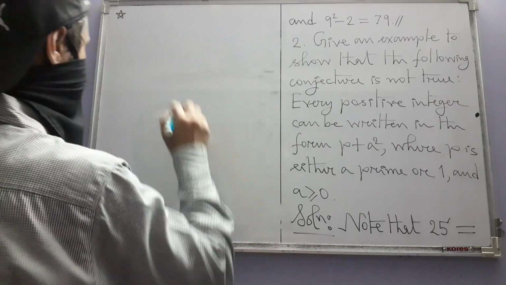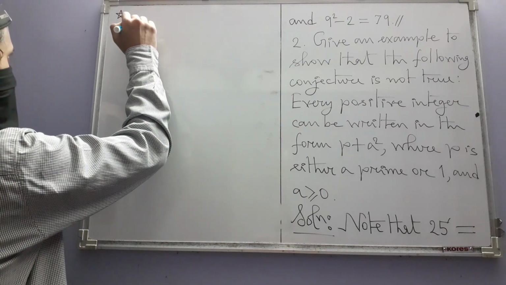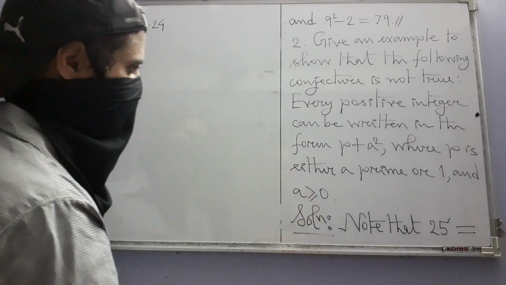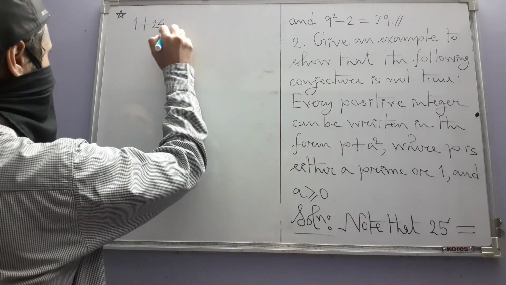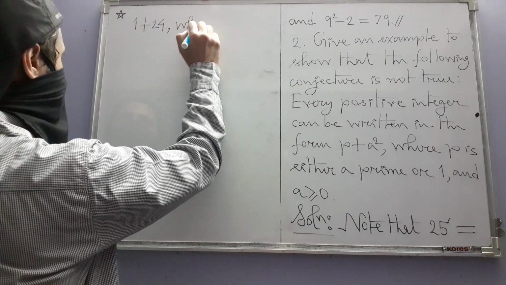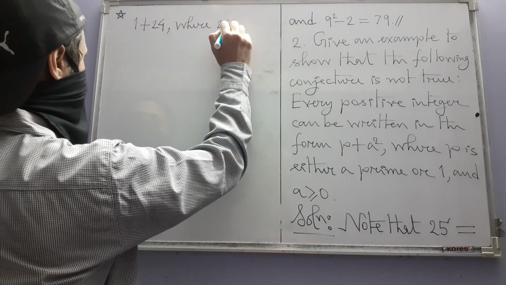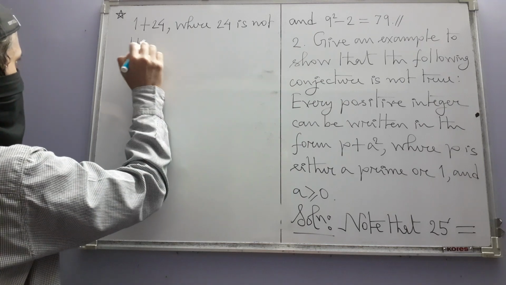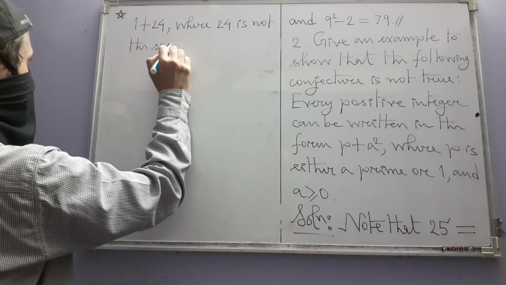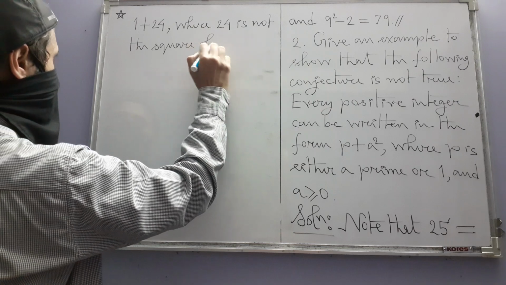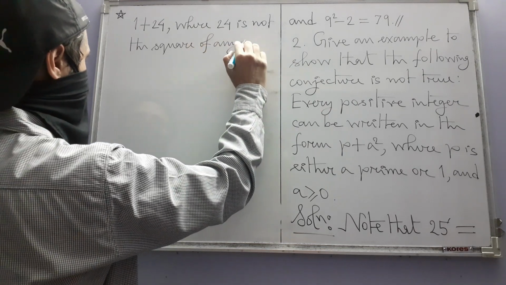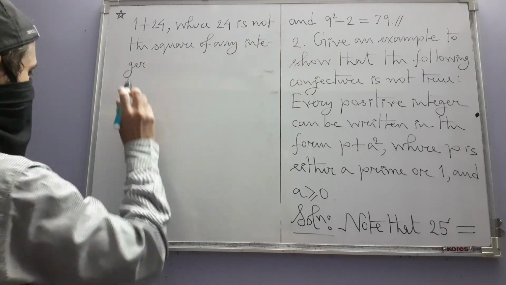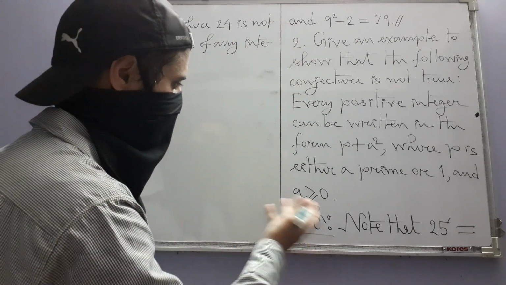So 25 is of course 1 plus 24, but then 24 is not a perfect square, where 24 is not the square of any integer, and hence also not the square of any non-negative integer.